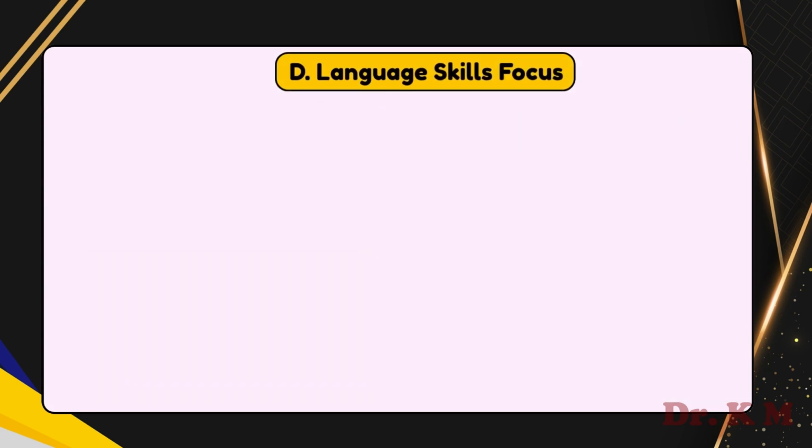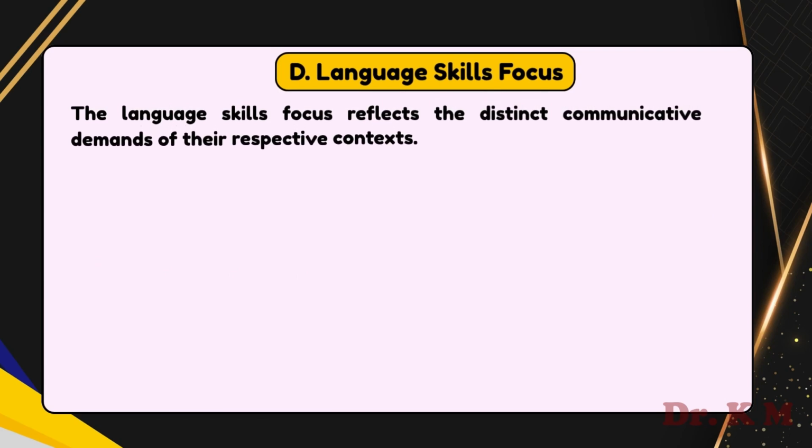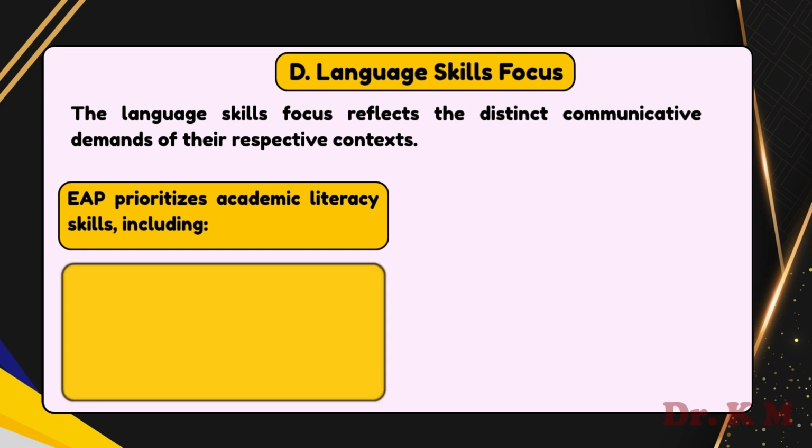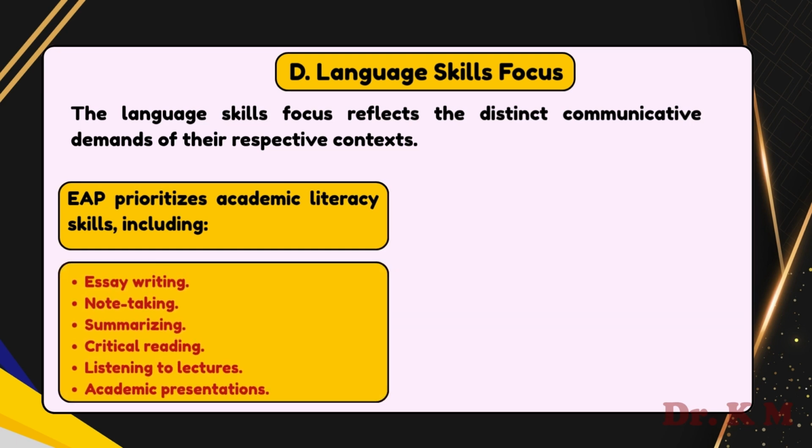D. Language skills focus. The language skills focus reflects the distinct communicative demands of their respective contexts. EAP prioritizes academic literacy skills, including essay writing, note-taking, summarizing, critical reading, listening to lectures, academic presentations.